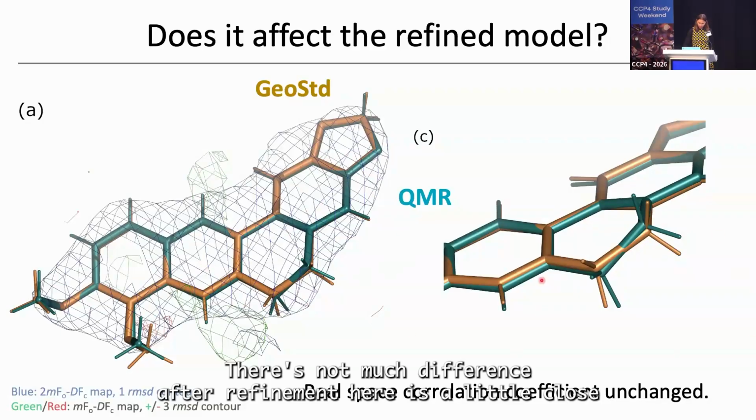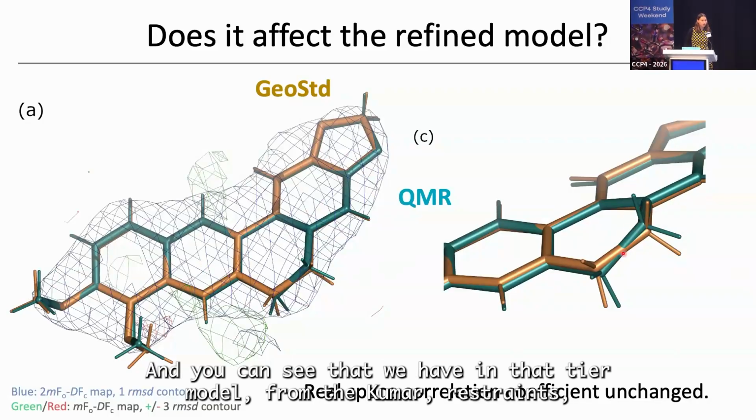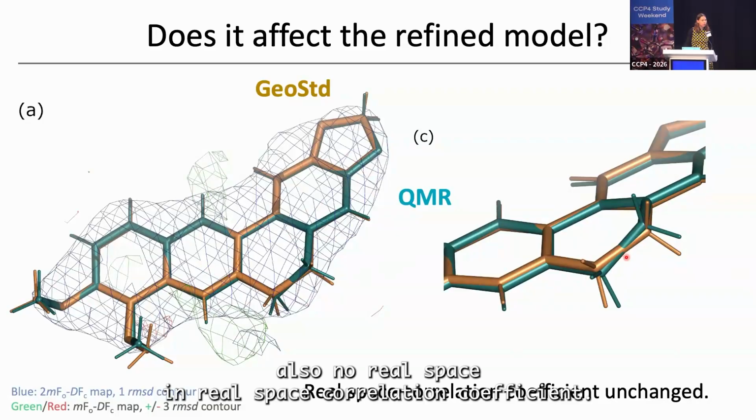Here is a little close-up, only showing no density and only no structures, and you can see that in that teal model from the QMR restraints, we have a more pucker-like arrangement, which is expected. But there's also no real difference in real space correlation coefficient.